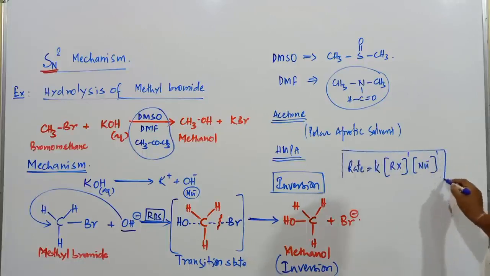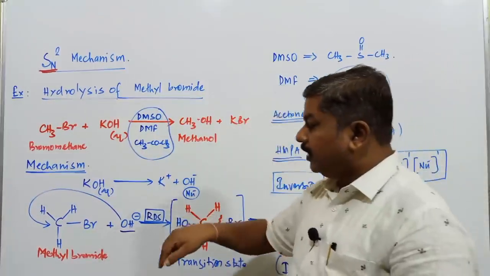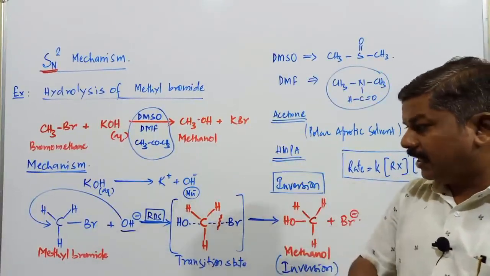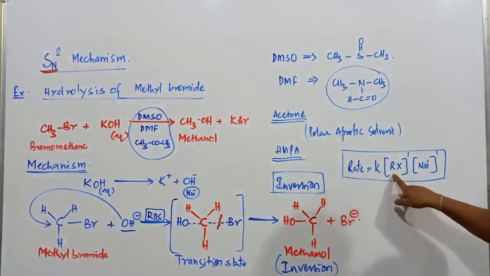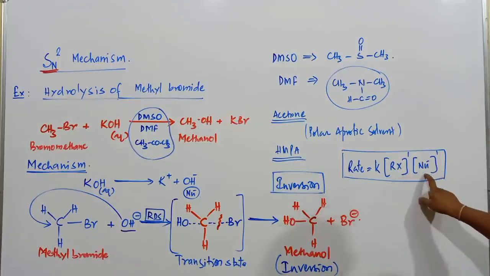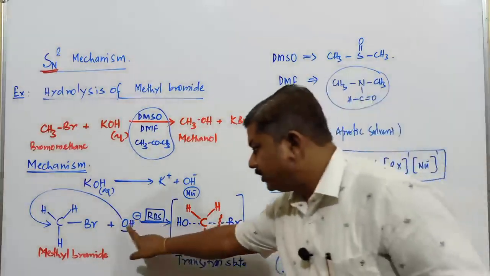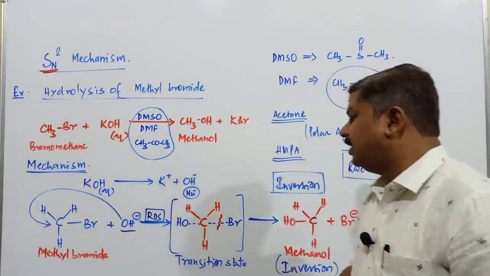So this reaction has two molecules in the RDS, but in case of SN1 it takes place in two steps. The first step is the slow step, considered the RDS. There the rate of the reaction depends on the concentration of alkyl halide, but here the rate of reaction depends on both alkyl halide as well as nucleophile. Just remember, because OH minus is also there, methyl bromide is also there, so this is considered the RDS.